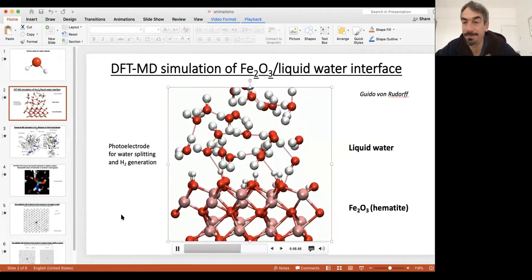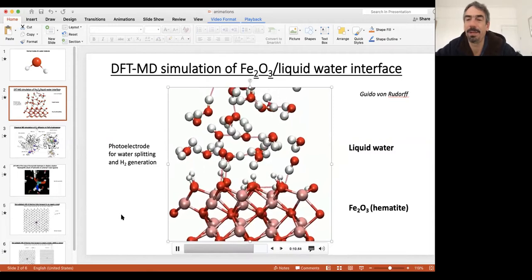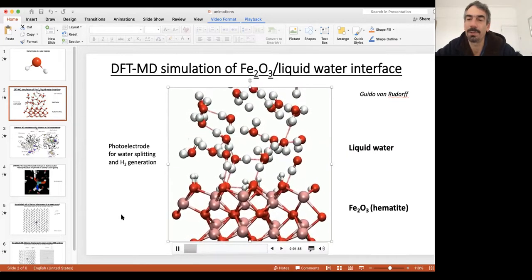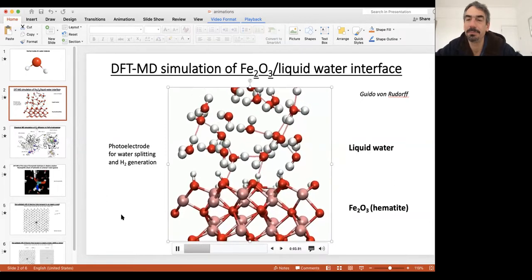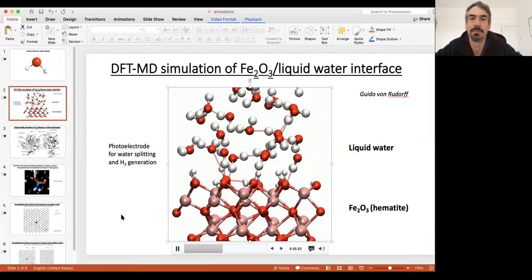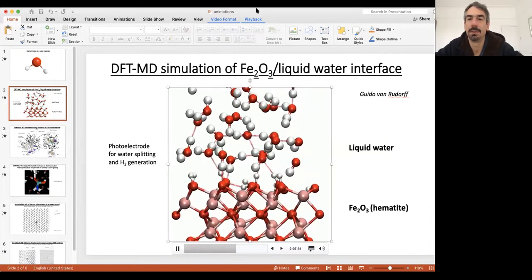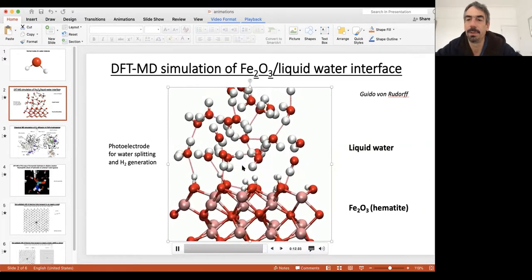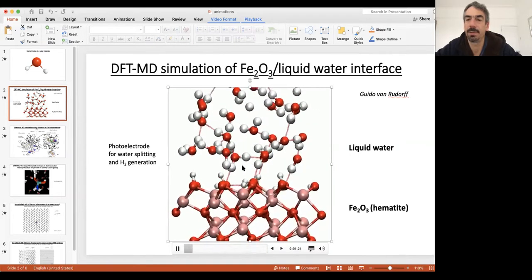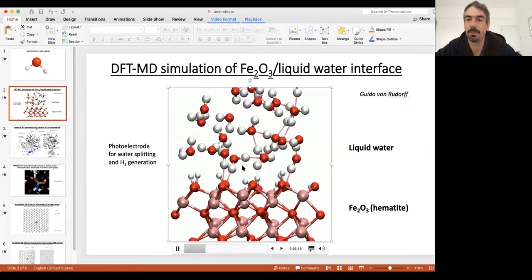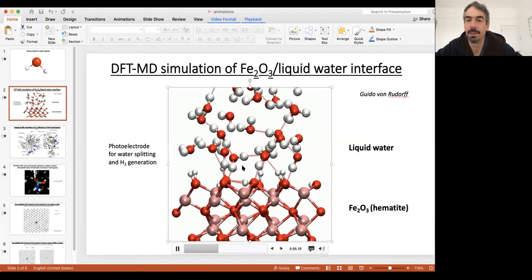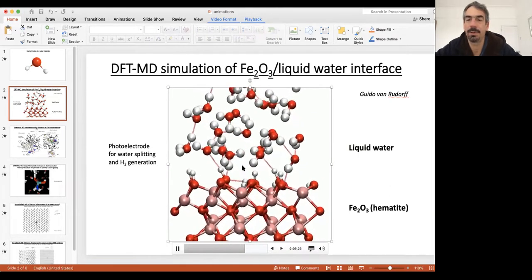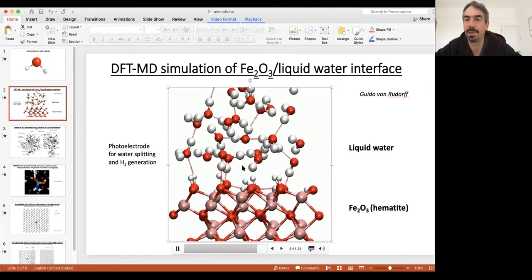So now, how many time steps and how many Kohn-Sham equations do you have to solve to simulate 1 picosecond? Well, that would be 20,000, right? So you need to do 20,000 electronic structure calculations to simulate 1 picosecond. And this is why you can only run these things on the biggest machines.